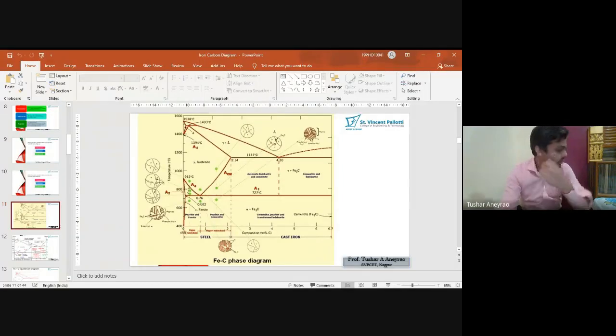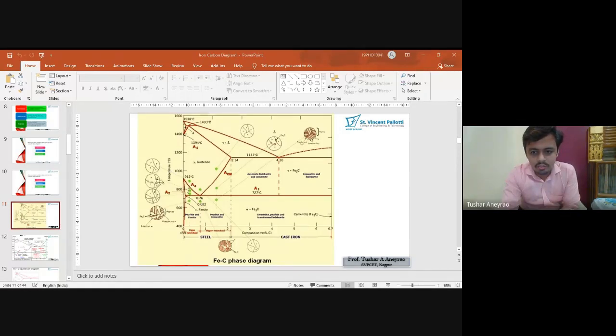I would like to open Microsoft Paint and share that screen with you, because it is very difficult, we cannot draw circles and all here. In this slide I have tried, but we cannot draw circles and all.